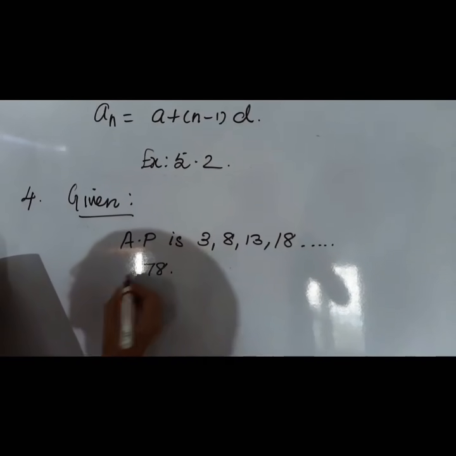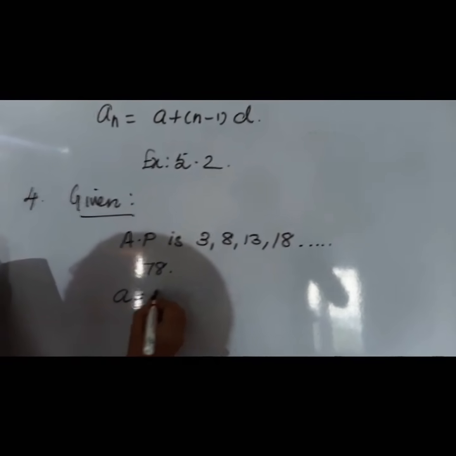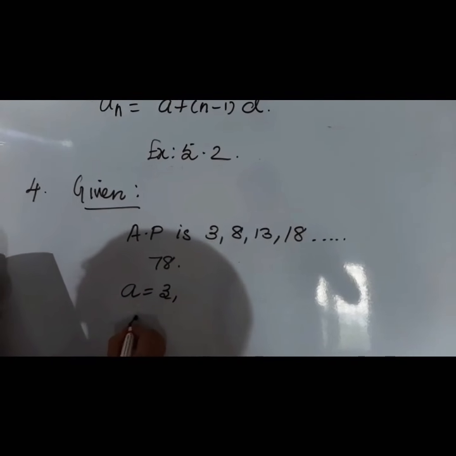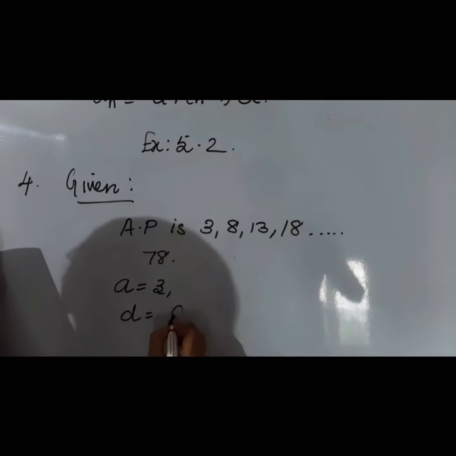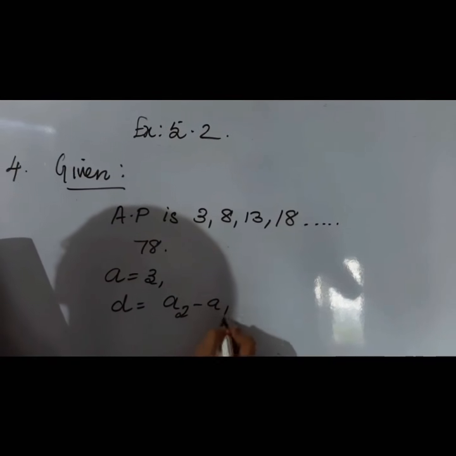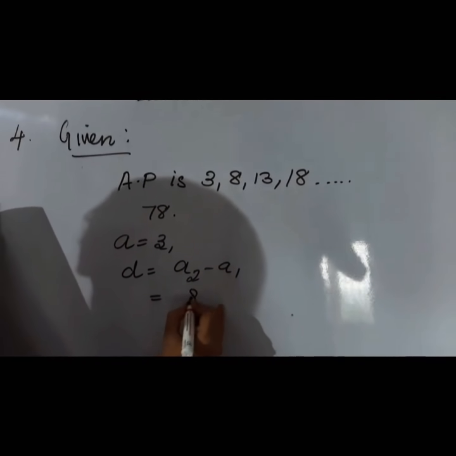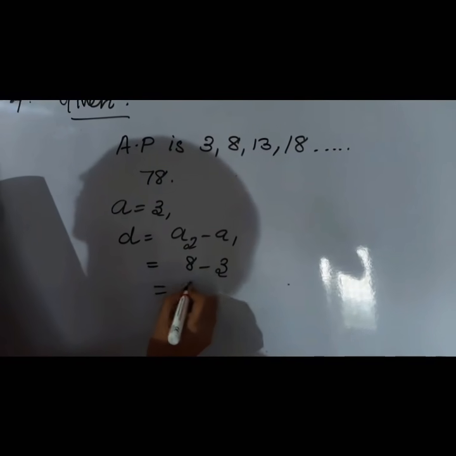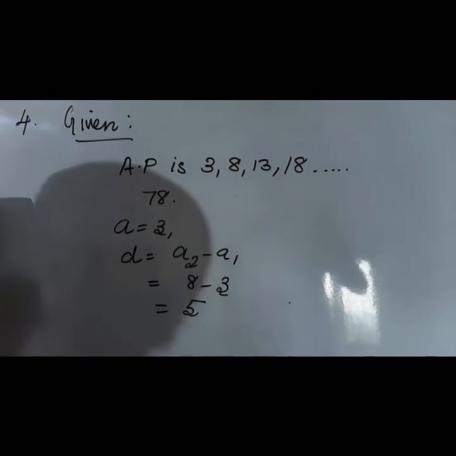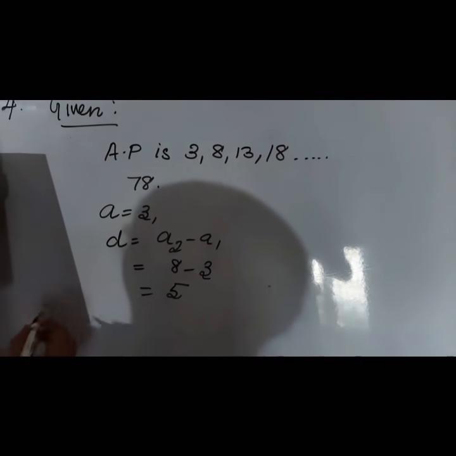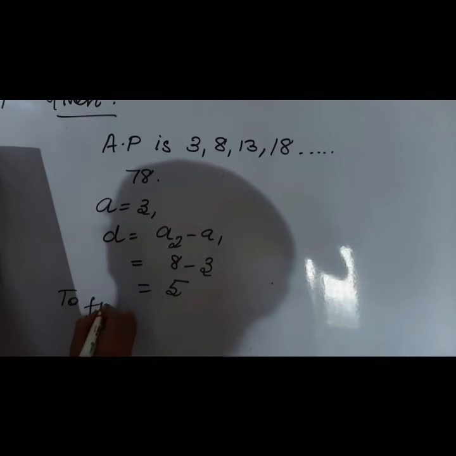So from this given, whatever values we can write, a is 3. D, how we will calculate d? By subtracting a1 from a2. 8 minus 3, which is equal to 5.